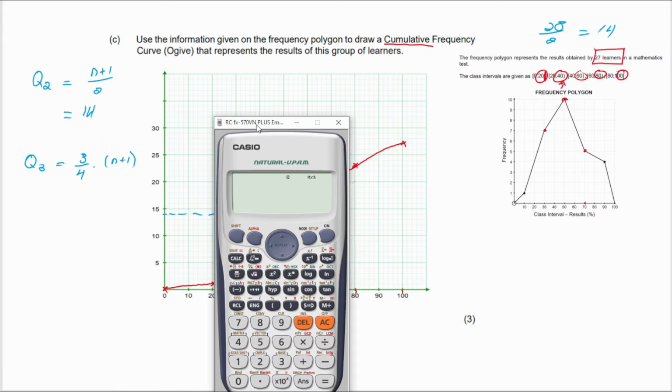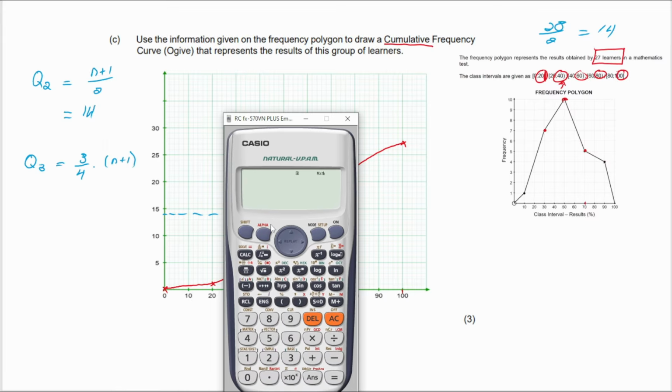We know that it's 27 plus 1 over 2, which is 14. We can just say this thing times 3 over 4. So at this position, what we do is it's over 4, and it's just 3 times 28 over 4.